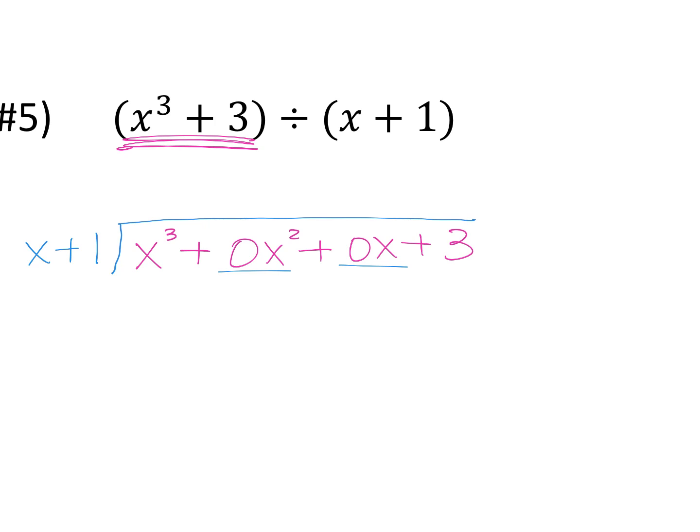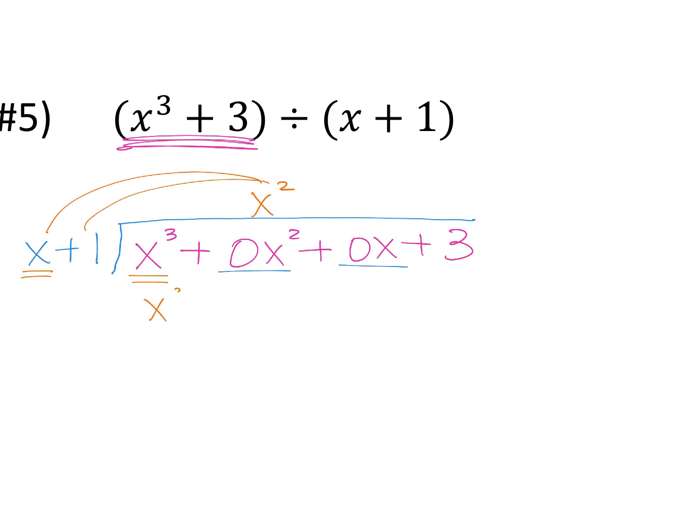So if we're dividing by x plus 1, the question you're asking is what can I multiply x by to get x to the third? X squared, right? So this will be x squared, and then multiply that by both.